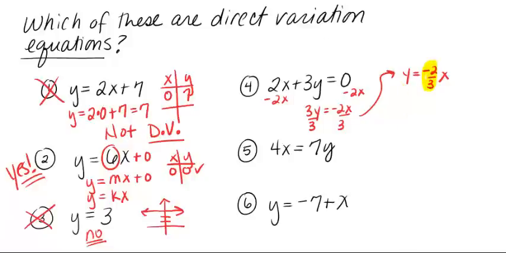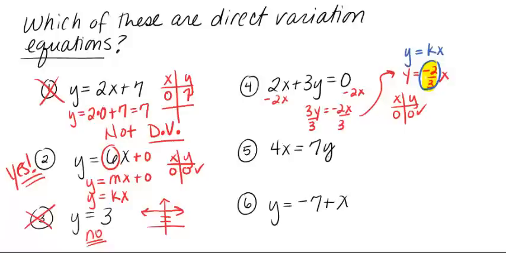So you don't have to make an input-output table to check the point (0, 0), but if you want to, you can. If we plug in 0 for x, negative 2/3 times 0 gives 0 for y, so it works there. It also fits the model y equals kx, and our k, or constant of variation, is negative 2/3.